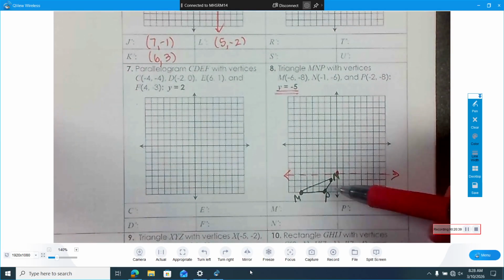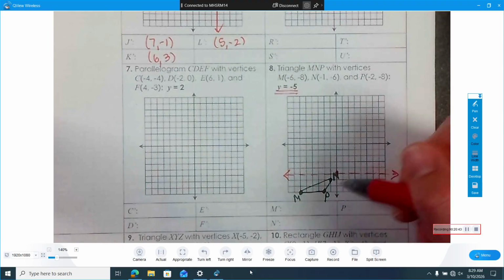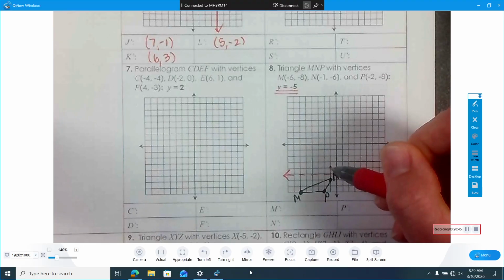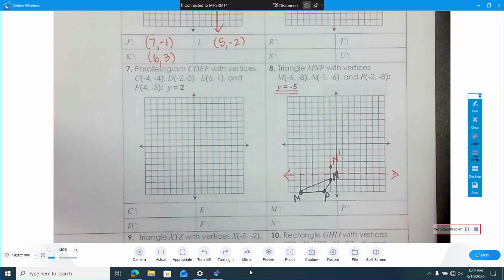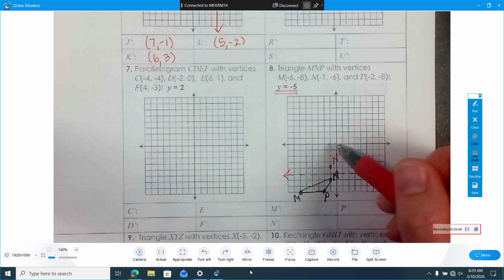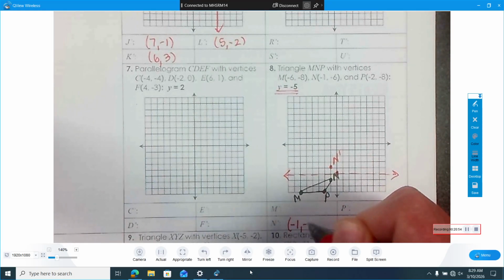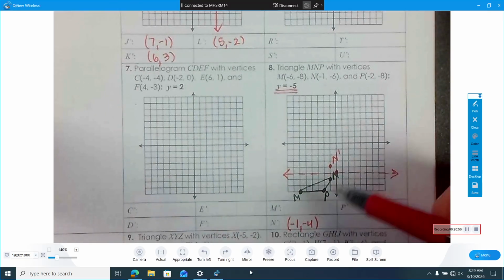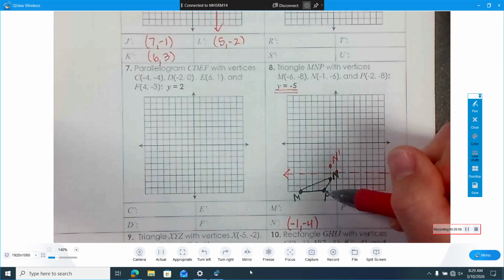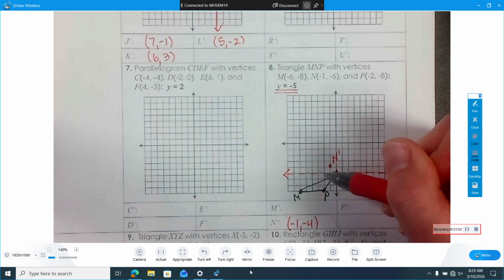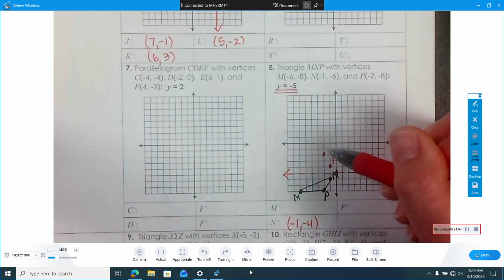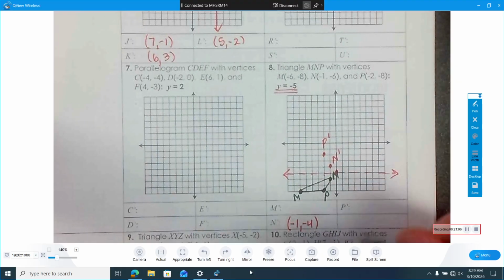So where does this endpoint end up? Up how many? Yeah. We go one up and one away, so that was right there. N prime turns out to be -1, 1, 2, 3, -4. All right. Where is P going to go? 6 up, yep. 1, 2, 3 to the line, 1, 2, 3 away. Turns out to be 6 up. So P prime is at -2, -2.